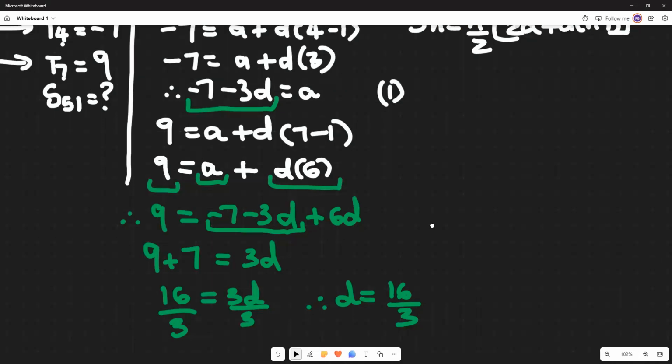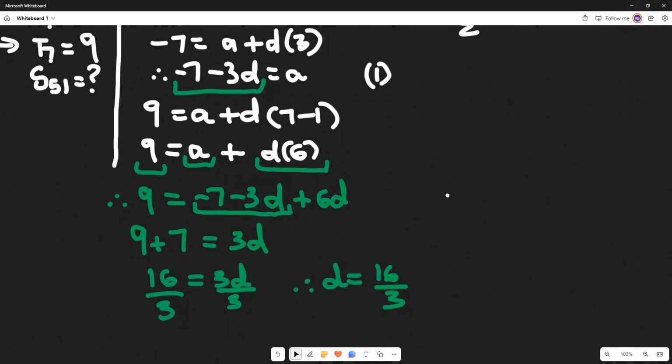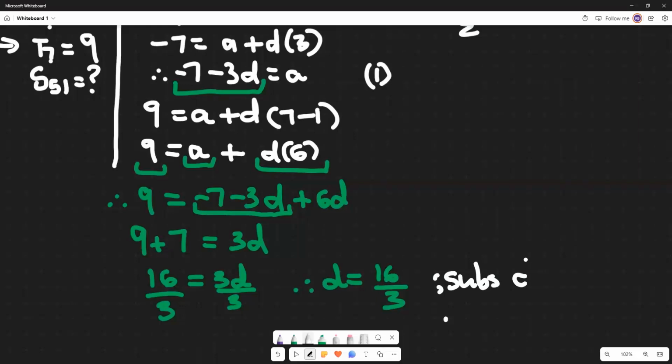Awesome. Now that I have D, I can easily get what my A is by substituting there. So I'm going to substitute the D value into equation 1.